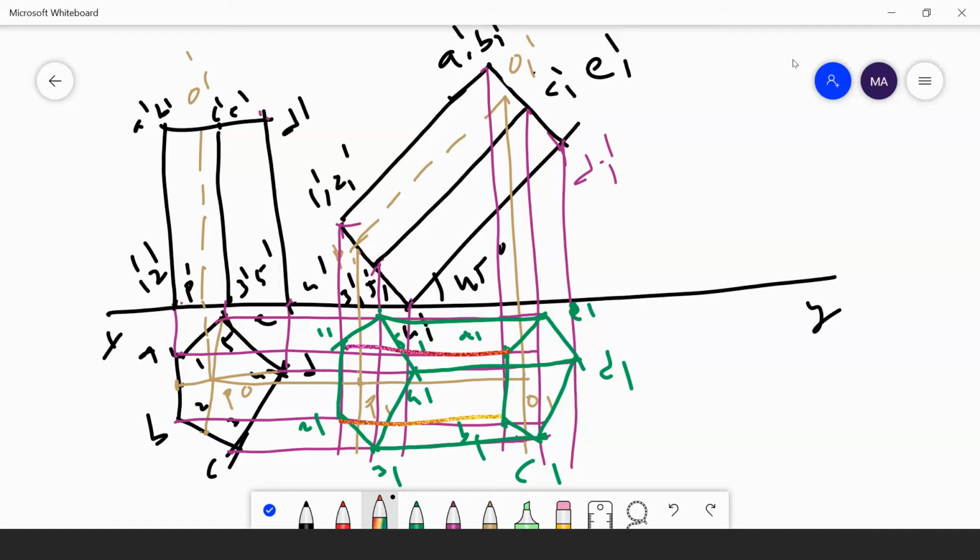These are all hidden lines. This one is also hidden lines.